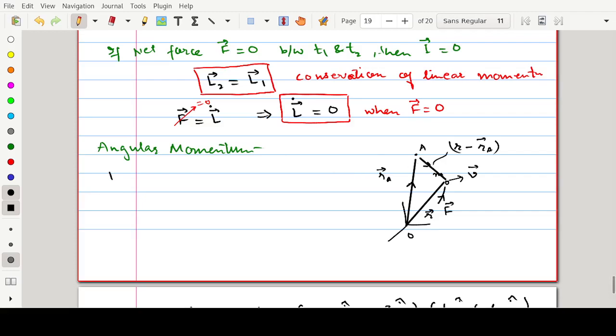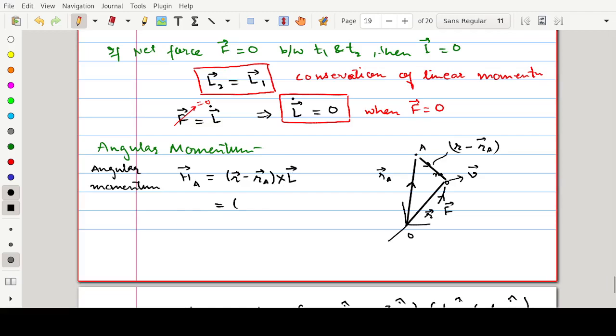Now angular momentum, we will denote this by H. So the angular momentum of the particle has to be defined with respect to some point. So for example, angular momentum with respect to point A is defined as the position of the particle with respect to that reference point, which is R minus RA, cross product with the linear momentum of the particle.